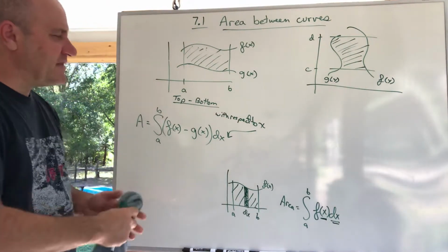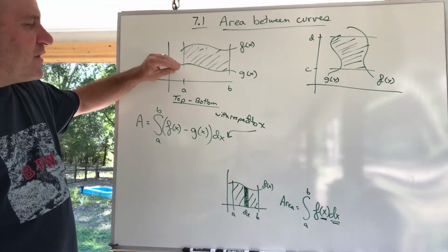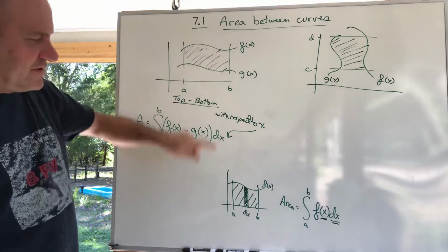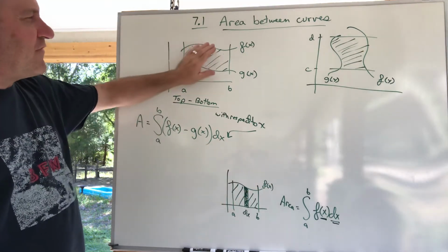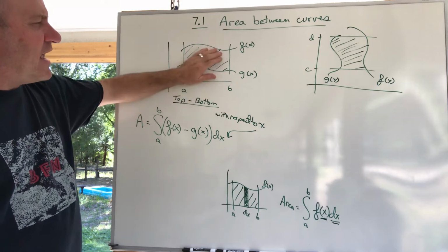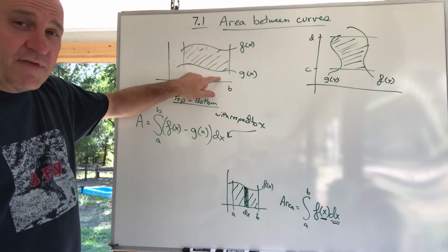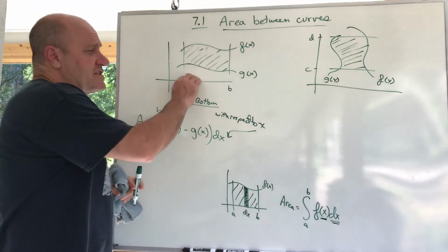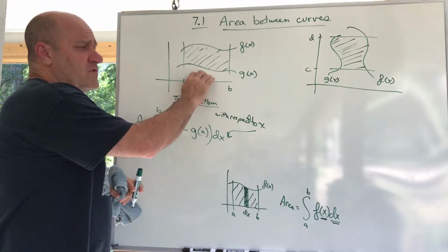So a couple ways to think about that: if we were doing the area of f of x, that would be all that area. If I did an integral of f of x, that would be all that area down to the x-axis, and that would include this white stuff. If I did the area of g of x as a separate problem, that would be just the area underneath g, which would be that white stuff.